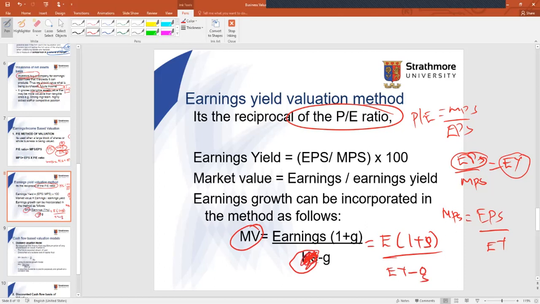It should be earnings yield minus growth in earnings, to give the market value of the business. That is how we get the market value of the business in case there's earnings growth.